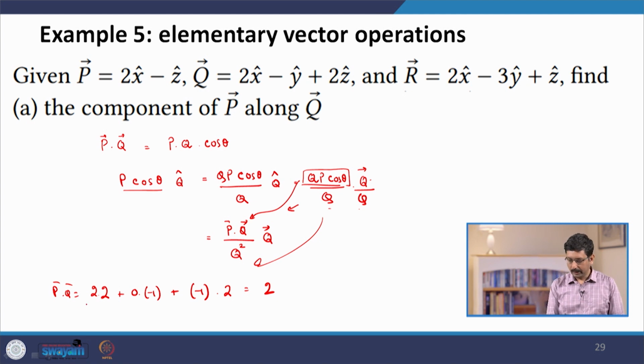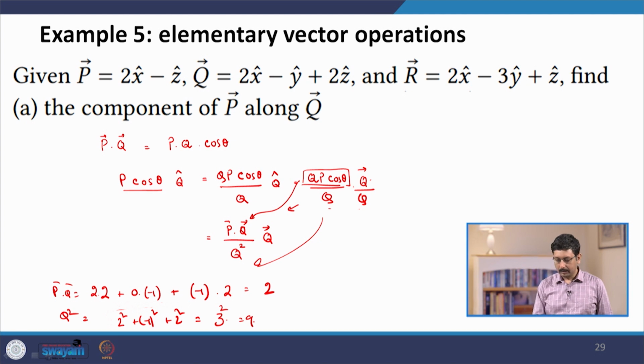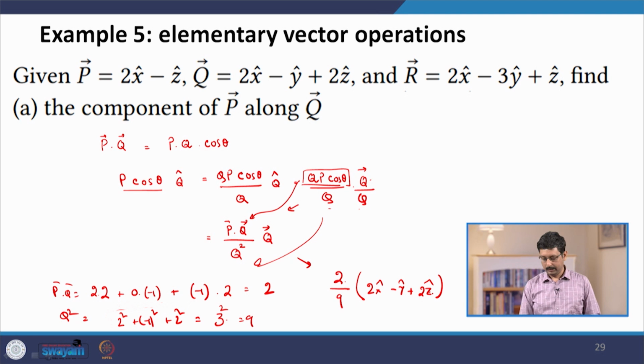Now, what is q square? q square is 2 square plus minus 1 square plus 2 square, that gives you the square root of 9, which is 3, so q square is 9. Then our answer is 2 divided by 9 times the vector q. This represents a vector whose magnitude is the same as the projection of p along q and the direction is parallel to q.